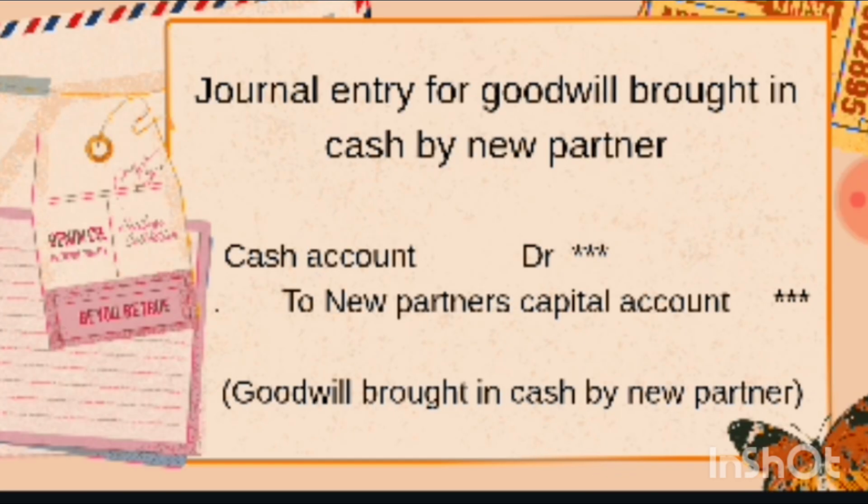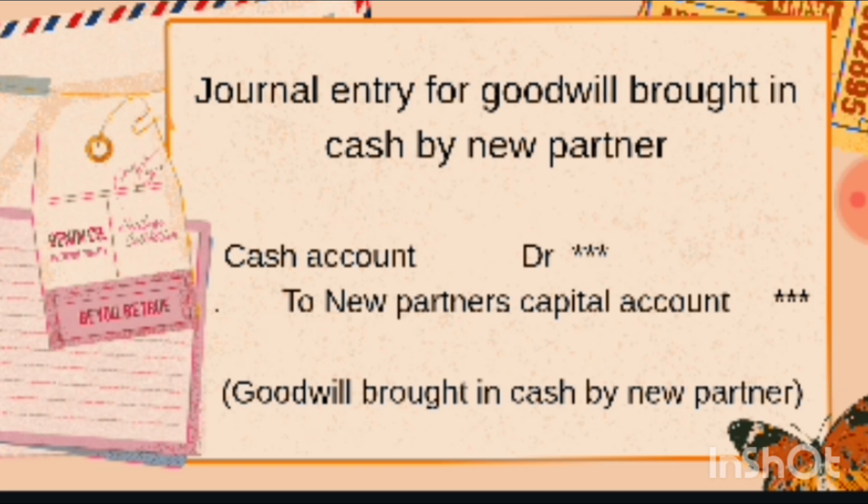Journal entry for goodwill brought in cash by new partner. When a new partner is admitted into the partnership business, the new partner may bring the amount of goodwill in the form of cash. As he brings goodwill in the form of cash, then the journal entry will be cash account debit to new partner's capital account.